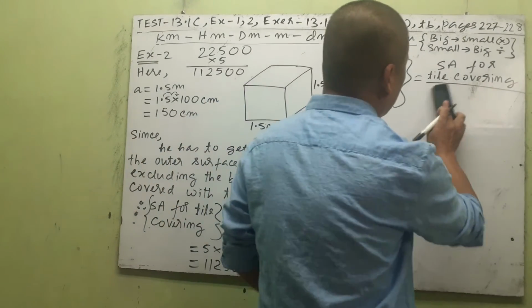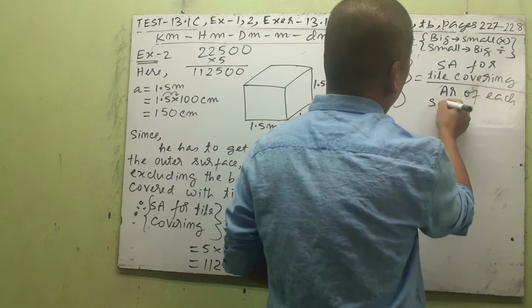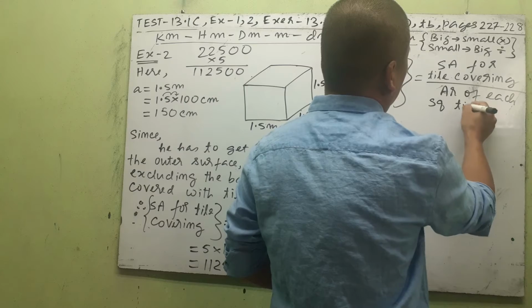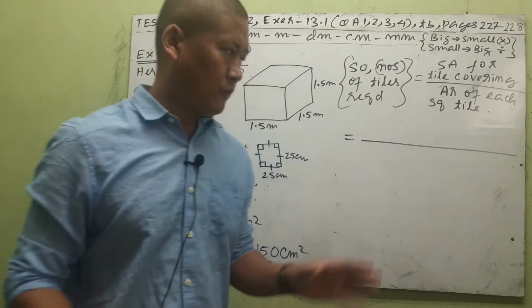So area of each square tile. So that's the answer for finding out the number of tiles we're going to require.